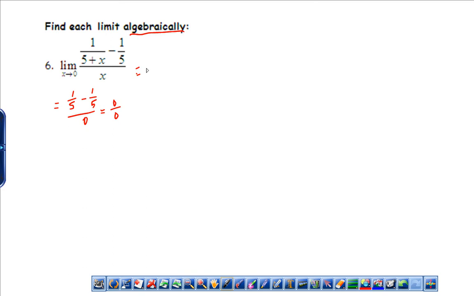Okay, I'm going to be really thorough, and every time I am going to write limit as x approaches 0. Right? And what I'm going to do is take this rational and look at the common denominator, which really, x is the denominator, but it's kind of like x over 1. So I'm going to take 5 and 5 plus x, and multiply that to the whole numerator and to the whole denominator.